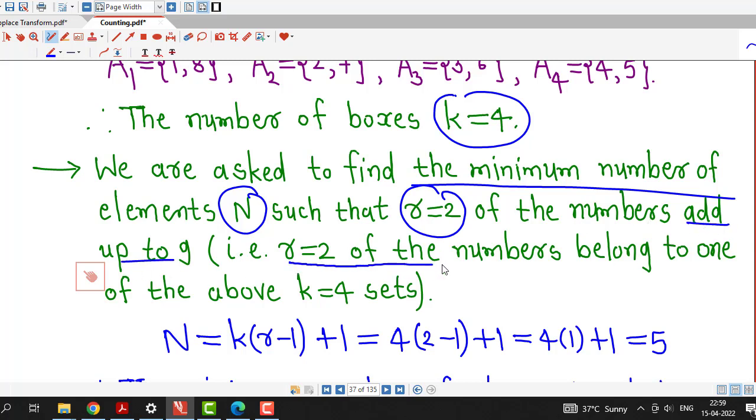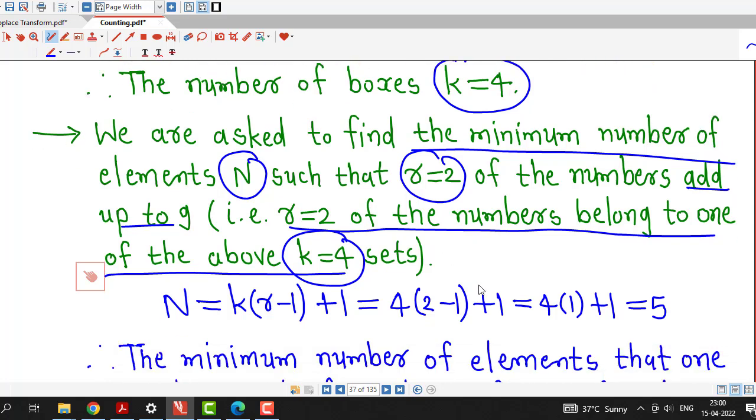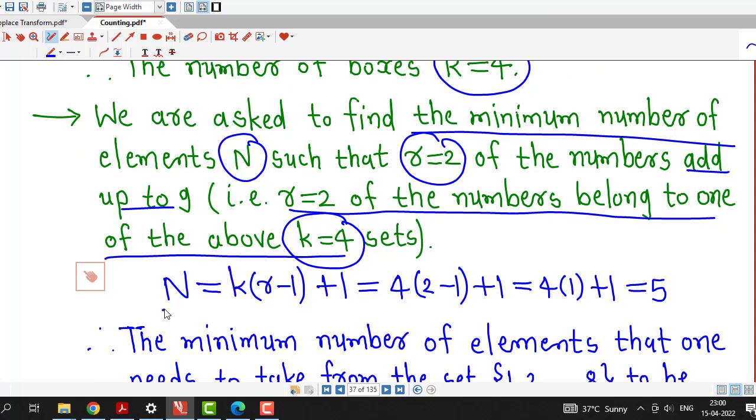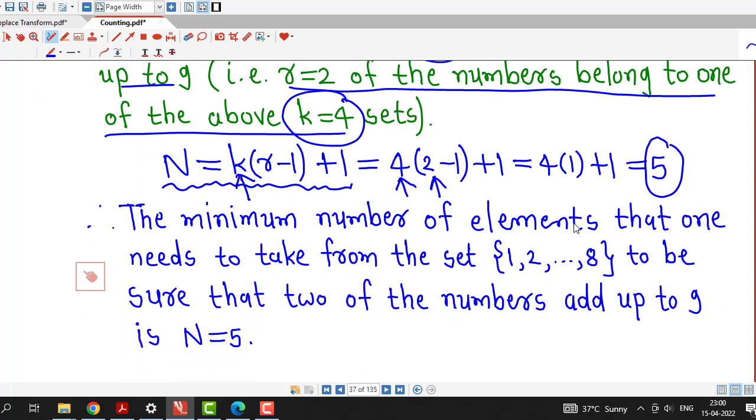That is, r equal to 2 of the numbers belong to one of the above 4 sets or boxes, and that minimum number is given by this formula: N equal to k into r minus 1 plus 1. We put k equal to 4, r equal to 2, and we find that the minimum number of elements is 5. Therefore, the minimum number of elements that one needs to take from this set 1, 2 up to 8 to be sure that 2 of the numbers add up to 9 is N equal to 5.